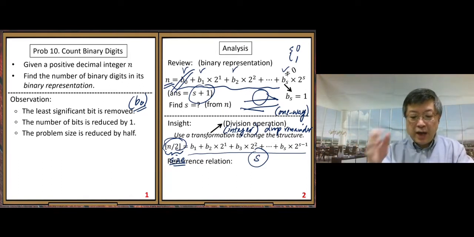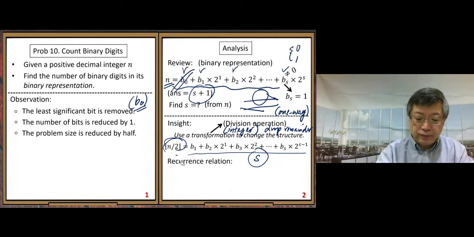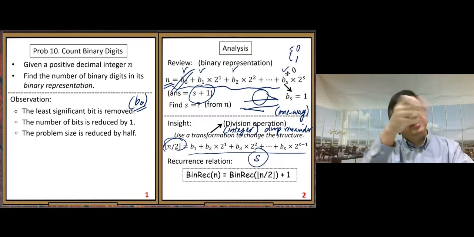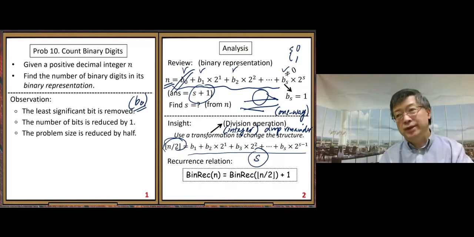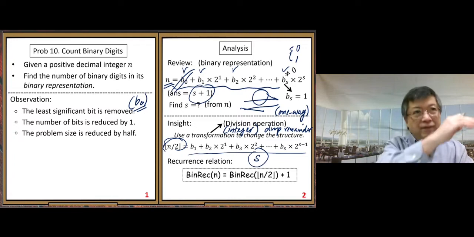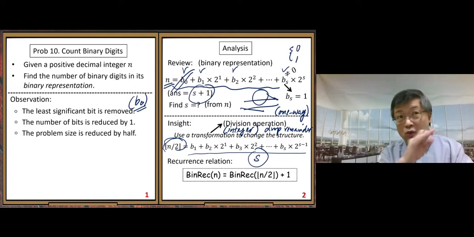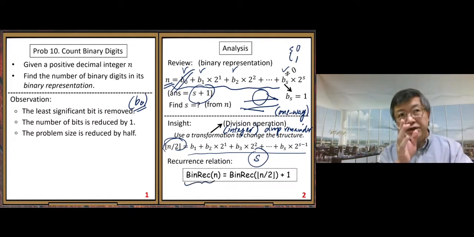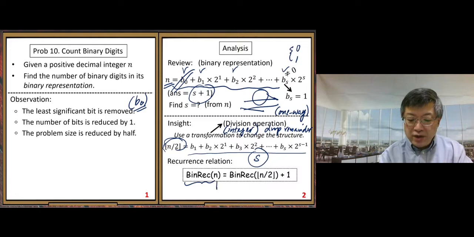So that is this. We just give a function name. Here we call a special function rec of n, the problem size n, equals the number of bits. For this function, it returns the number of bits used for the binary representation of number n.